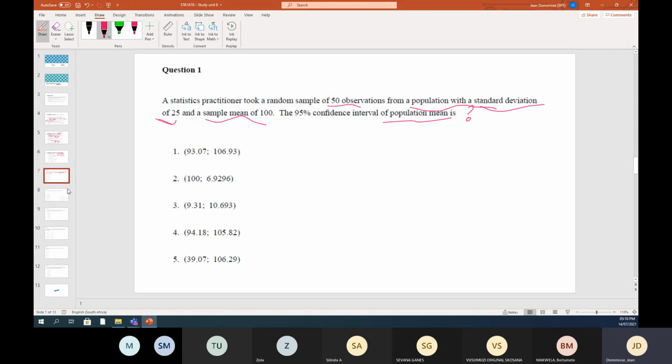So it will be, and I can't always remember that formula, but it will be the x̄ plus minus z times the standard deviation over the square root of n. With a 95% confidence interval, z is 1.96.